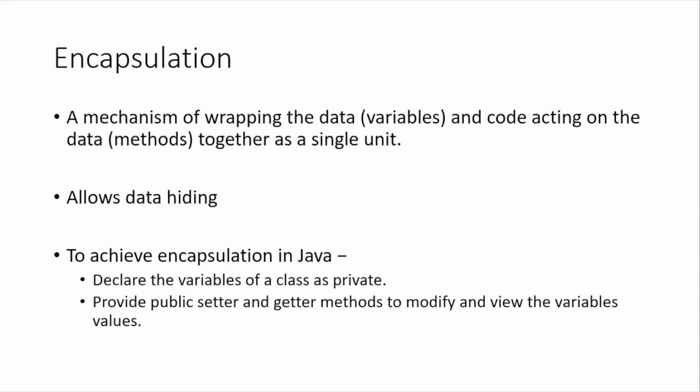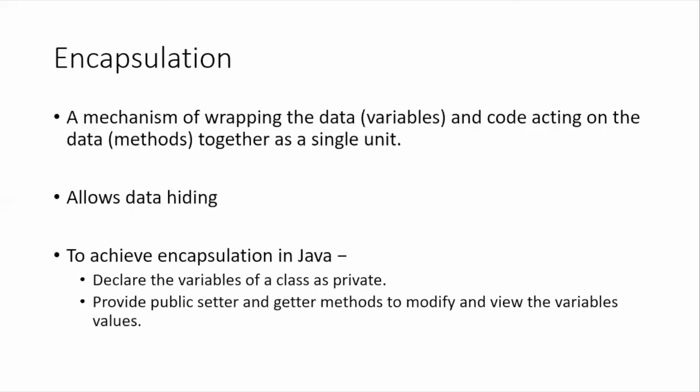Next, we are going to discuss the object-oriented programming concepts, four concepts: encapsulation, abstraction, inheritance, and polymorphism. So let's get started with encapsulation. So what is encapsulation? A mechanism of wrapping data and code acting on the data together as a single unit. In short, what we are going to do in encapsulation is we are going to encapsulate, put together certain things.